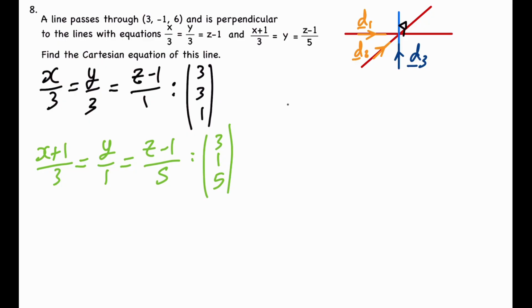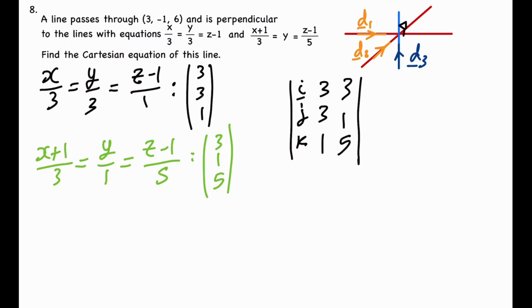So we can just do from before, i, j, k, and then we have 3, 3, 1, and 3, 1, 5. And the cross product will just be i times 3 times 5, which is 15. So multiply these two together. Minus 1 times 1, which is 1. Minus j. 3 times 5, which is 15, minus 3 times 1, which is 3.